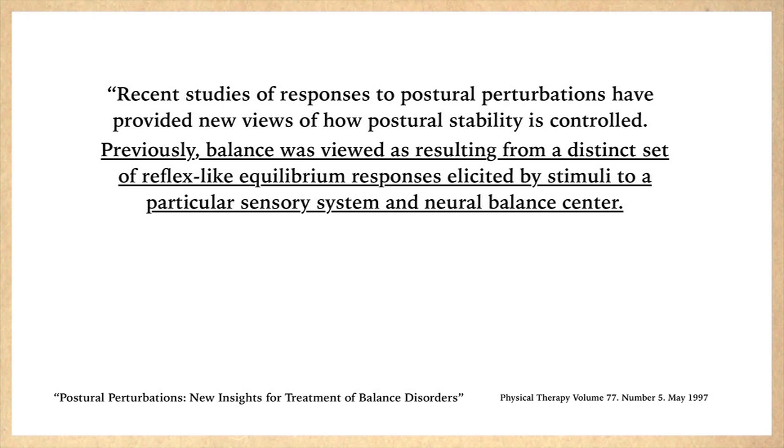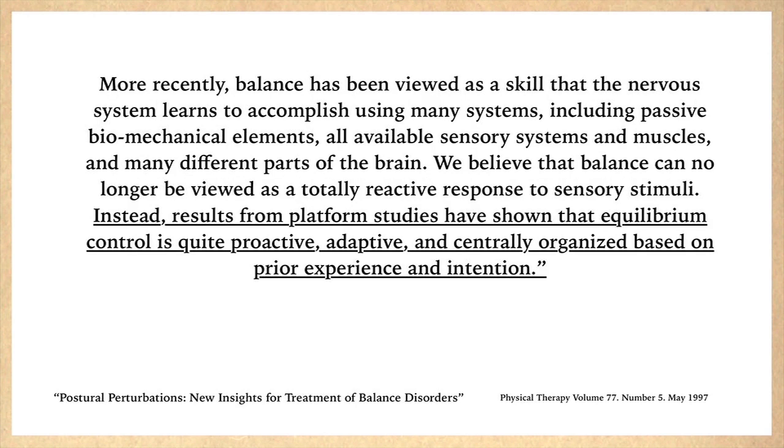Previously, balance was viewed as resulting from a distinct set of reflex-like equilibrium responses elicited by stimuli to a particular sensory system and neural balance center. More recently, balance has been viewed as a skill that the nervous system learns to accomplish using many systems, including passive biomechanical elements, all available sensory systems and muscles, and many different parts of the brain.